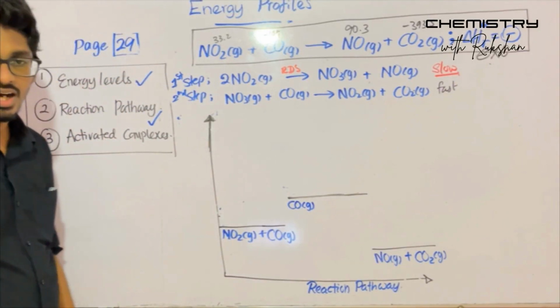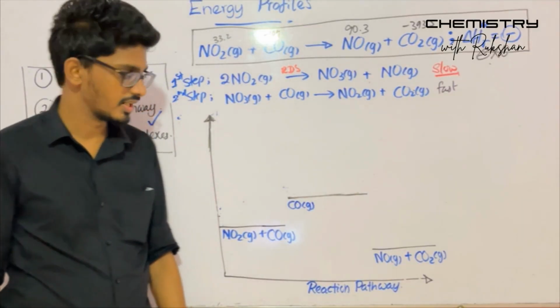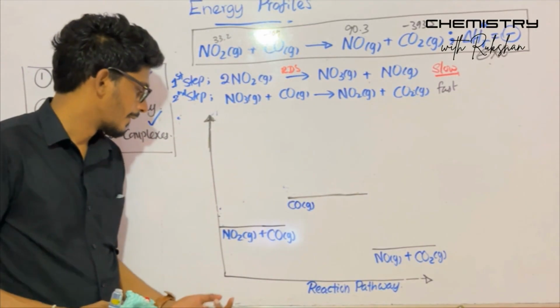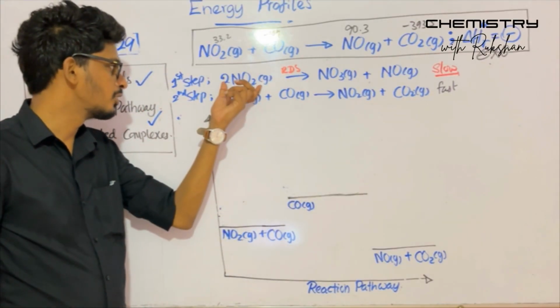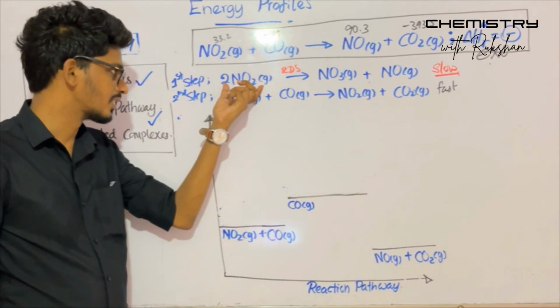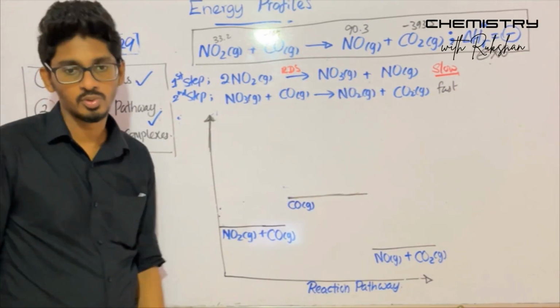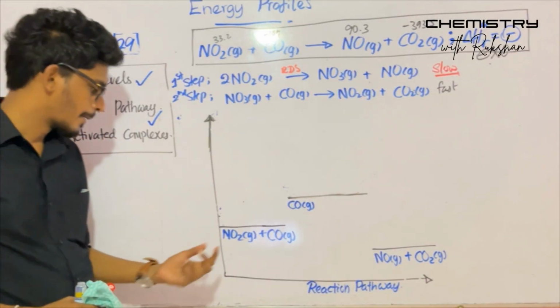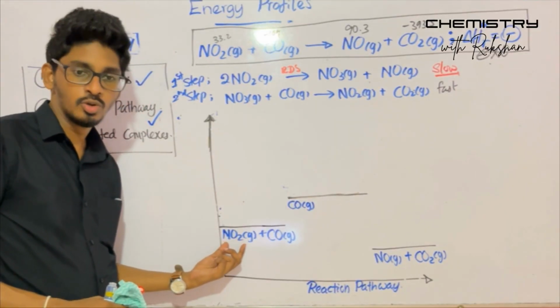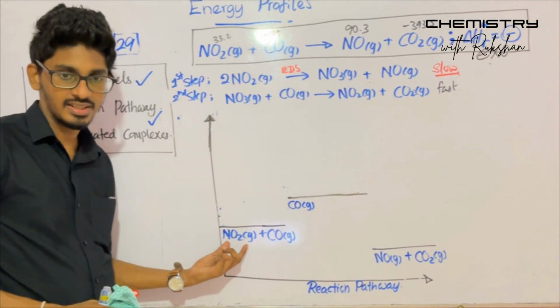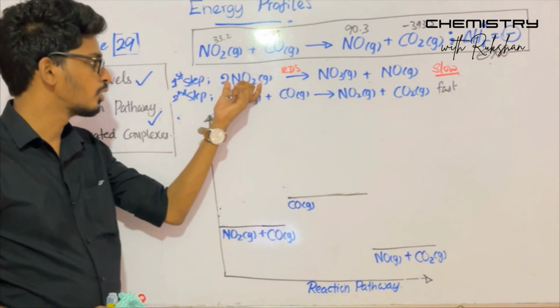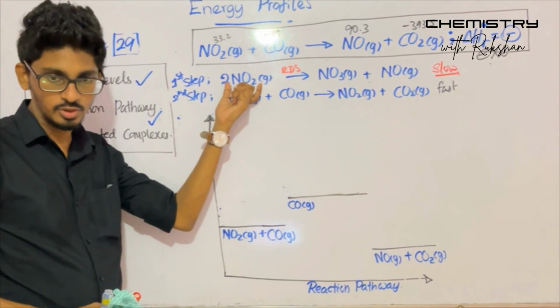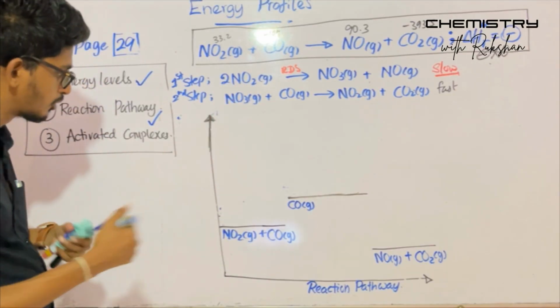Now we are supposed to complete the conversion, right? So here it says two NO2s are to get converted to NO3 and NO at the first step. But we have a problem. What is the problem? We have only one NO2 molecule here. But they are saying that at the first step, two NO2s will get converted. So what to do? Just put two here.